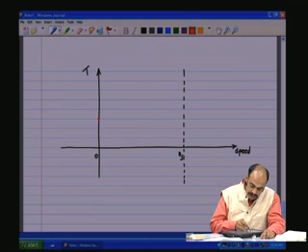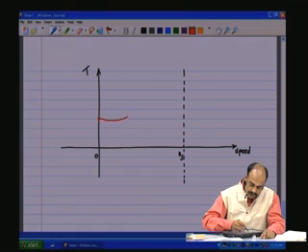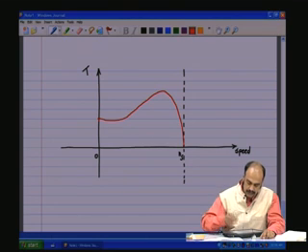So actually the torque characteristic starts going like that and reaches some kind of a peak and then starts to fall like that.